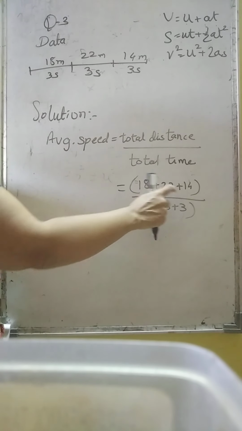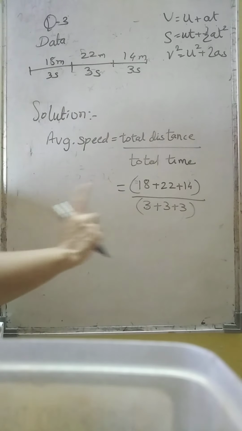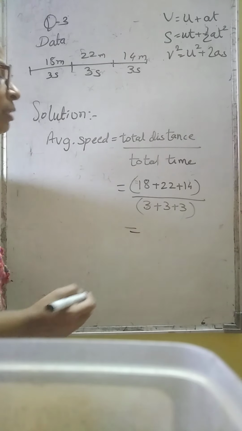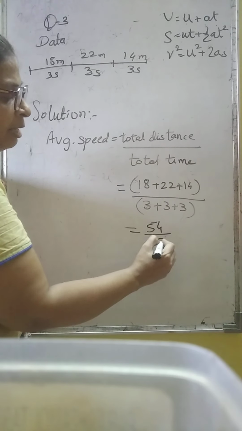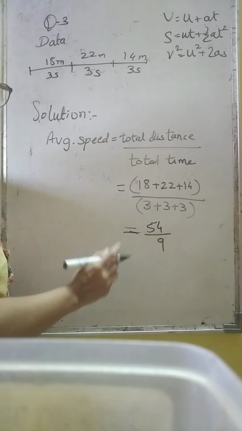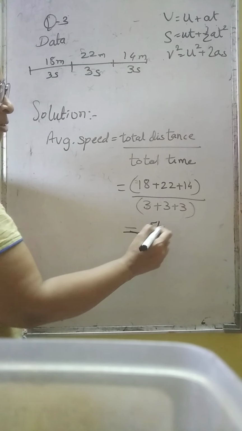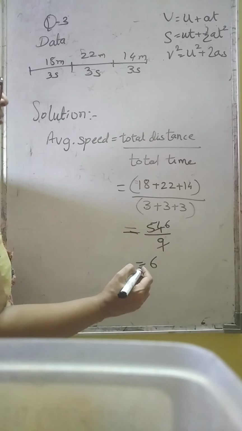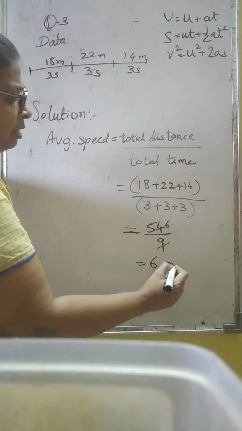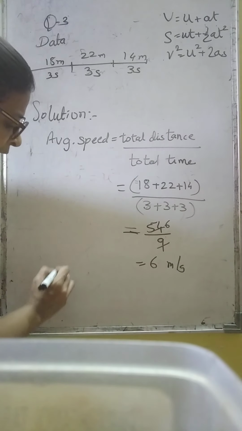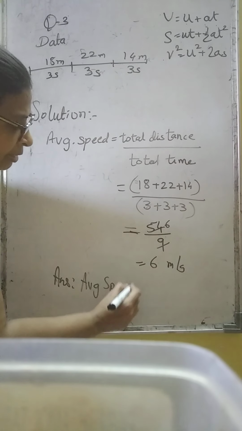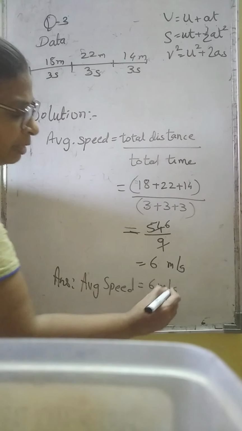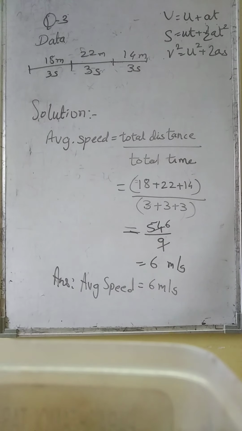You cannot do it when something is attached with addition. You have to add it first. So it is 54 upon 9. Now you can do the cancellation if possible. So it is possible. 6 meter per second. So what is the answer? Average speed is 6 meter per second. Clear?